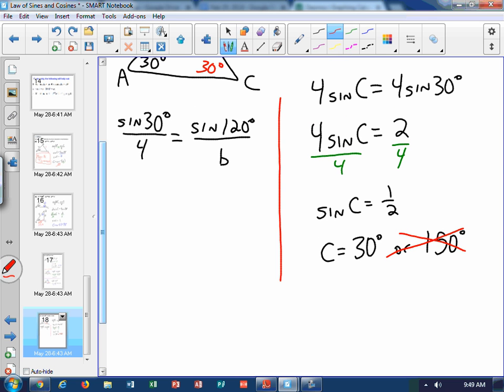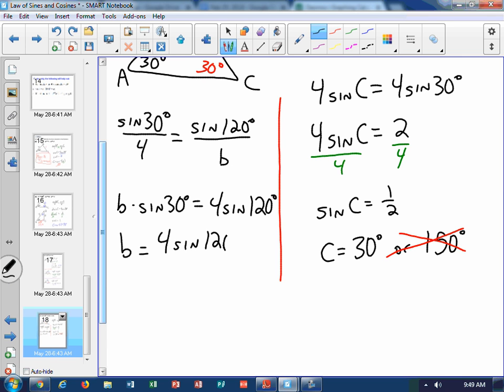Cross multiply, we get B times the sine of 30 equals 4 times the sine of 120. Divide both sides by the sine of 30. And you get approximately 6.9 for side B.